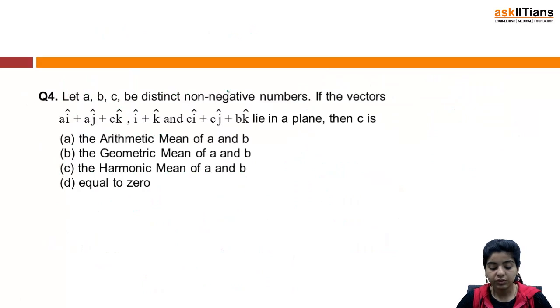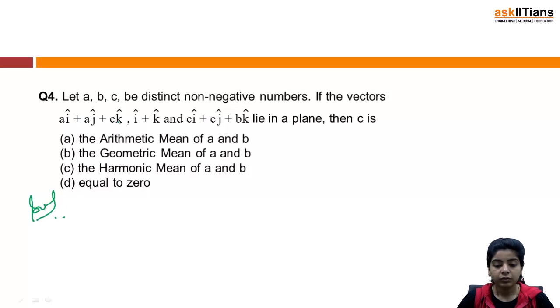The next question that we have is, let a, b, c be distinct non-negative numbers. If the vectors ai plus aj plus ck, i plus k and ci plus cj plus bk lie in a plane, then is c the arithmetic mean of a and b, is it the geometric mean of a and b, is it the harmonic mean of a and b, or is it equal to 0?